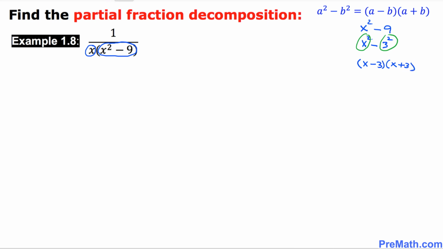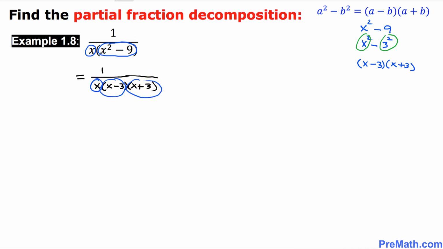So far so good. So now over here, this is what I am going to do. I can write this expression as 1 over x times this part, x squared minus 9, which can be written as x minus 3 times x plus 3. Now you can see that we got these three linear factors, isn't it?